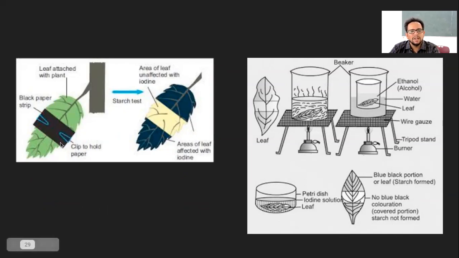The remaining skeleton of the leaf undergoes the starch test, and it shows that the area covered under the black strip does not undergo photosynthesis, because there is no change in the color of this covered area, and the rest of the leaf shows a color change to bluish black upon the iodine treatment. So that is the whole experiment.